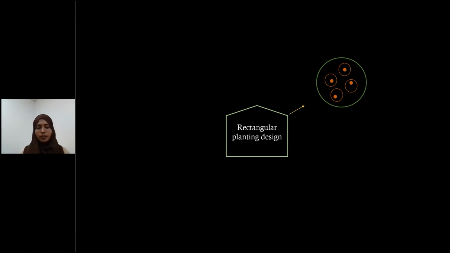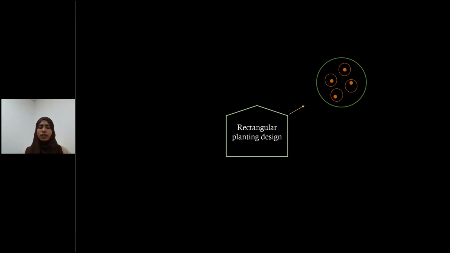In a 2 by 2 or square planting design, it's more like a fixed pattern, maybe at 2-meter distance, and you may find the spot is not really suitable for planting the seedlings, or it's rocky, or any kind of thing that's not good for seedling survival.